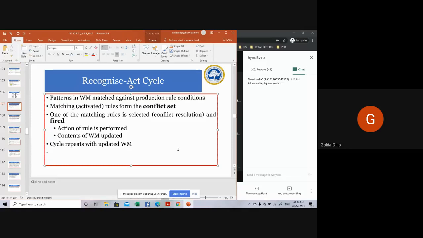For example, let's say A implies B, then B and C implies D.